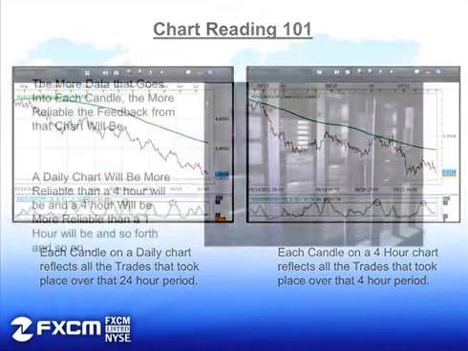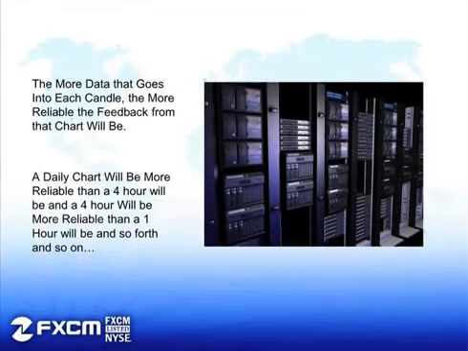So like I say, the more data that goes into each candle, the more reliable the feedback from the chart will be. And a daily chart will be more reliable than a 4-hour, a 4-hour will be more reliable than a 1-hour, and so forth. A 1-hour is going to be more reliable than a 15-minute, a 15-minute is going to be more reliable than a 5, and so forth, simply because there's more data.